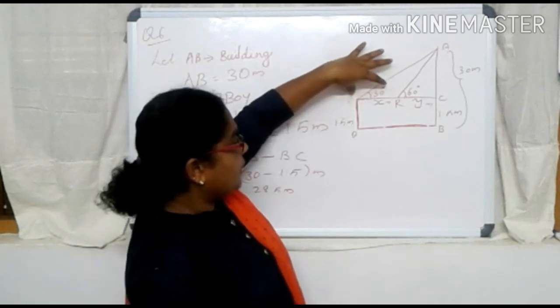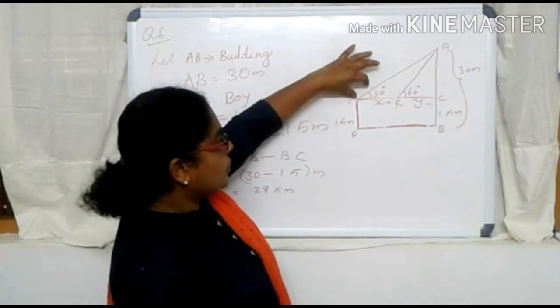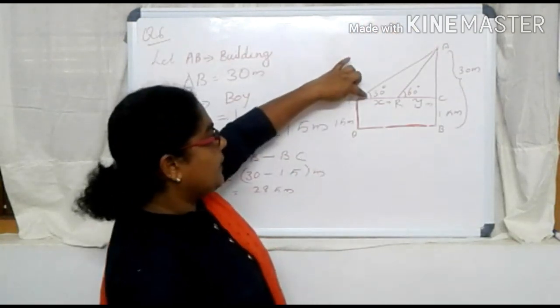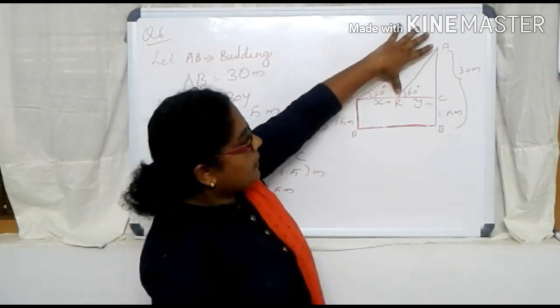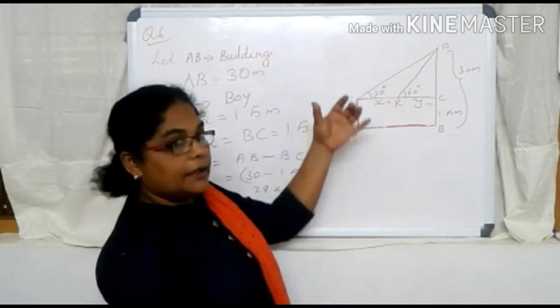In this time when he reached from P to R, at the position of P he was looking at the top of the building at an angle of elevation of 30 degree, and when he reached the position of R, he is seeing the top of the building at an angle of elevation of 60 degree.